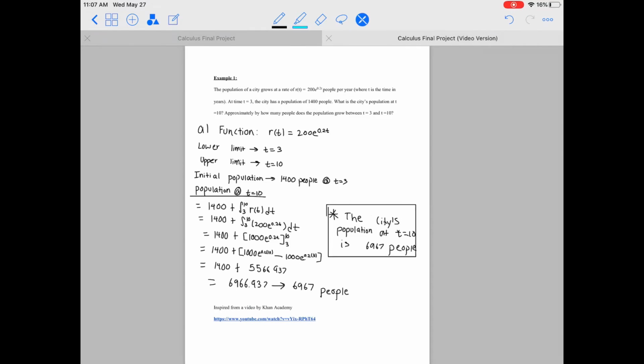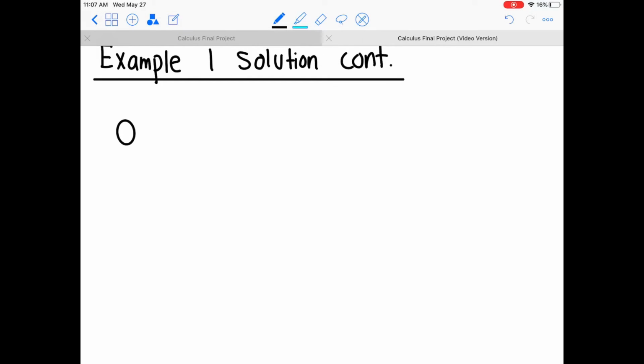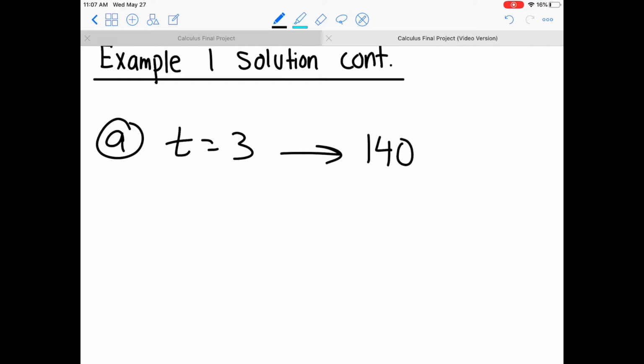Moving on to part B, we read that approximately by how many people does the population grow between t equals 3 and t equals 10. So in order to solve this problem, we must know what the population is at t equals 3. At t equals 3, the population is equal to 1,400, as that is our initial value. So 1,400 people.